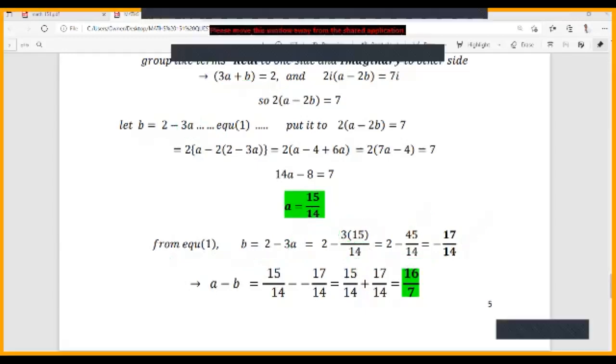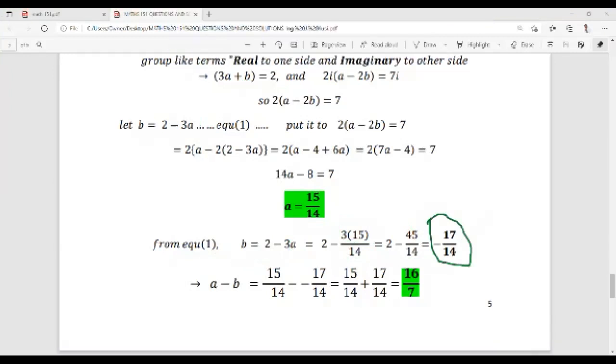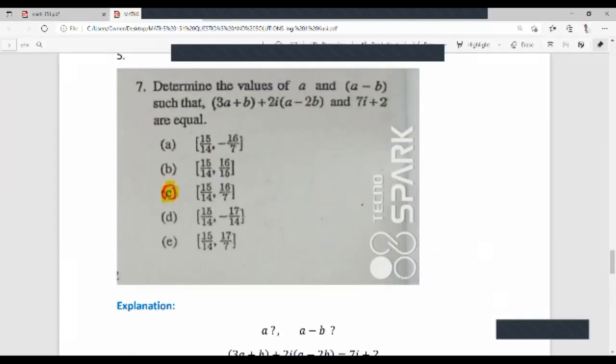Good. I want you to note something. You see, this is B, minus 17 over 14, right? Let me show you something in the answers. Can you see D? It's minus 17 over 14, and this is A, right?